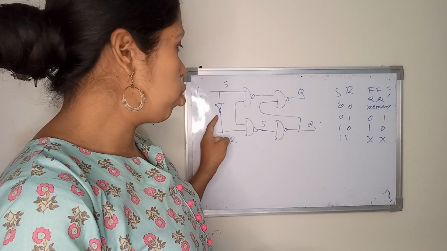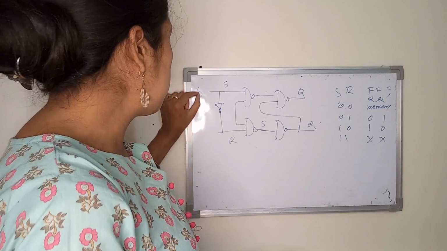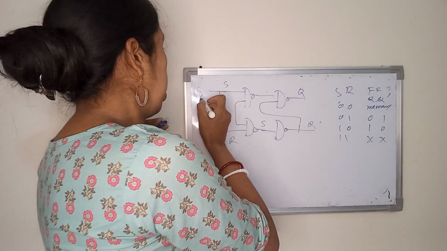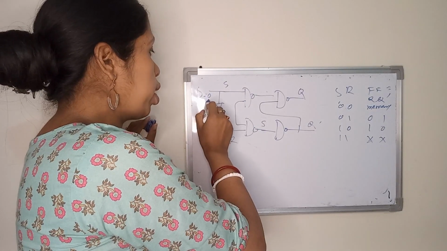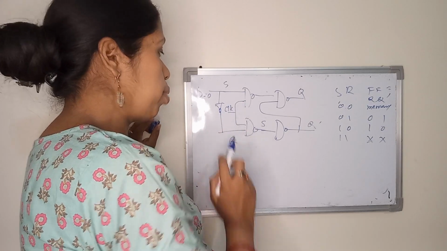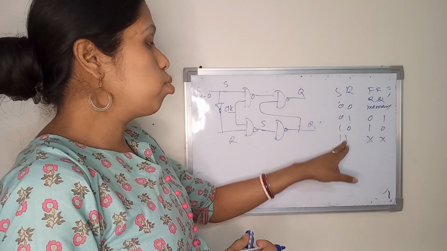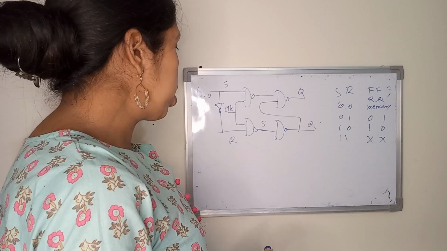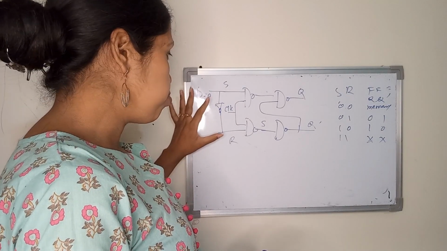If you connect one NOT gate, you can never see the 0 0 and 1 1 combinations. Suppose we give input 0 here, 0 will come here and 1 will come here. If you give 1 here, 1 will come here and 0 will come here. So you can never see the 0 0 and 1 1 combinations. For that I need one NOT gate between S and R.